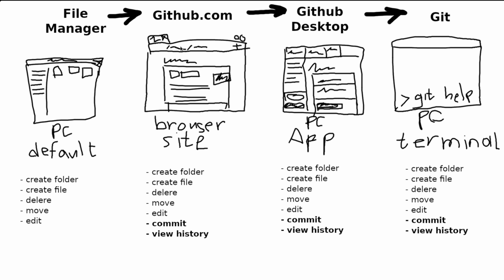Everything could be done with github.com. It's not as comfortable as with GitHub Desktop or Git, but it shows that it's simple to start using Git from the very first step.